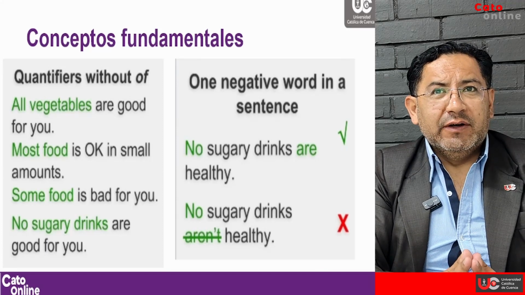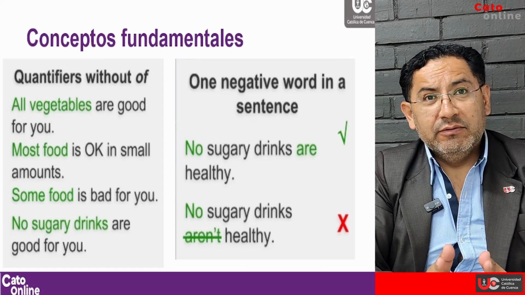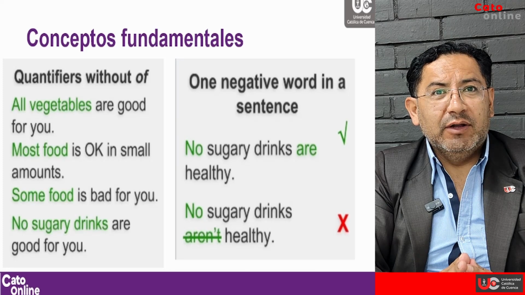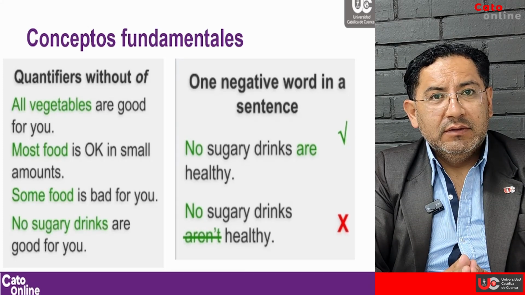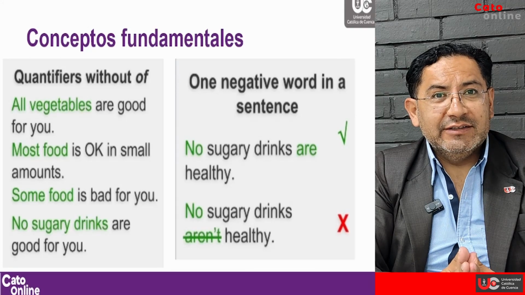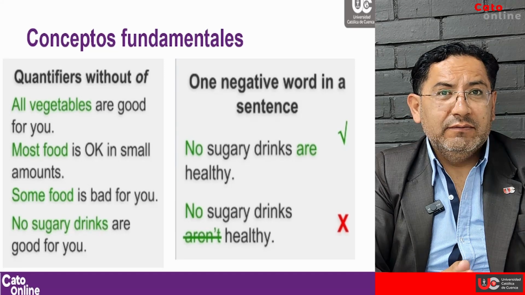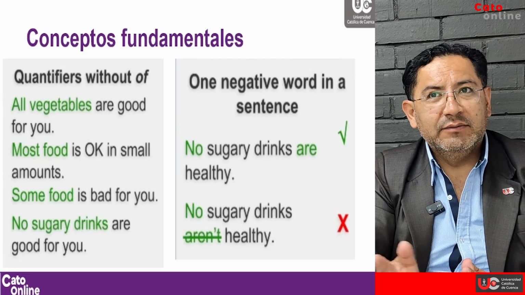Next, we have quantifiers without of. All vegetables are good for you. Most food is okay in small amounts. Some food is bad for you. No sugary drinks are good for you. Okay, quantifiers without of. All, we don't need of: all vegetables, not all of vegetables.